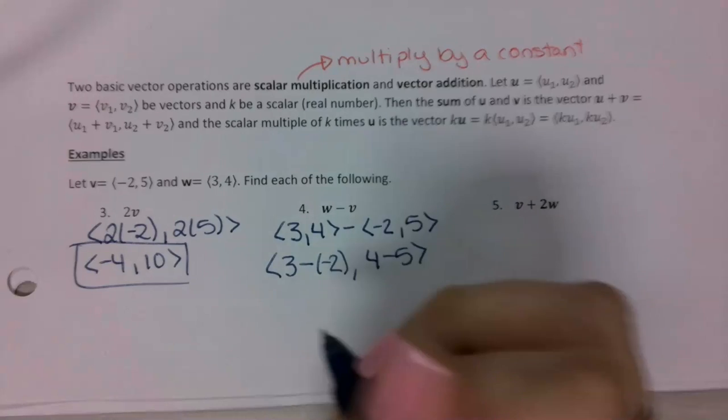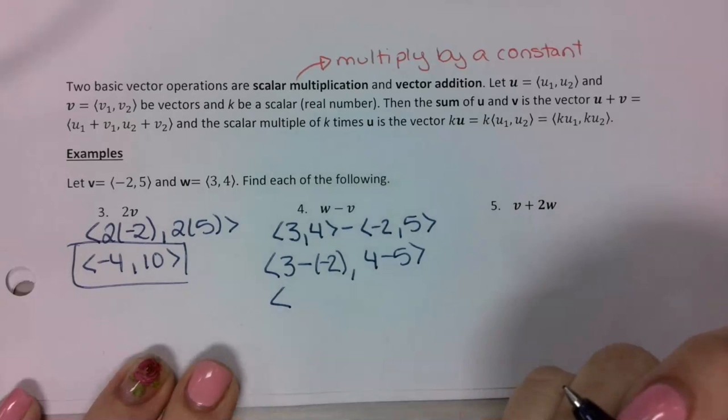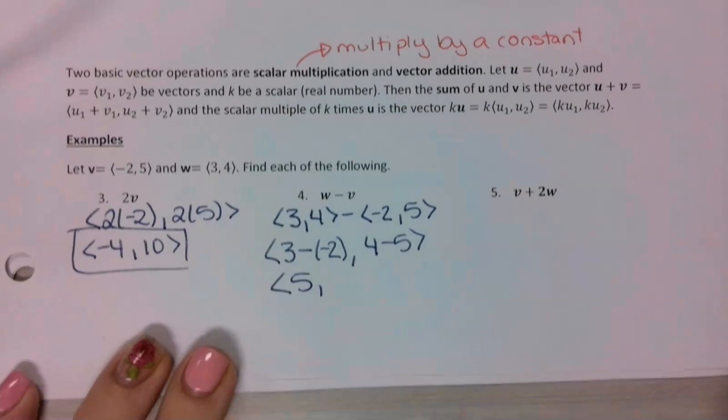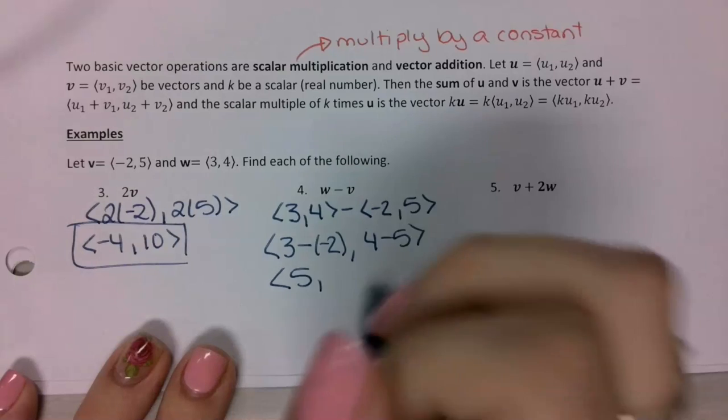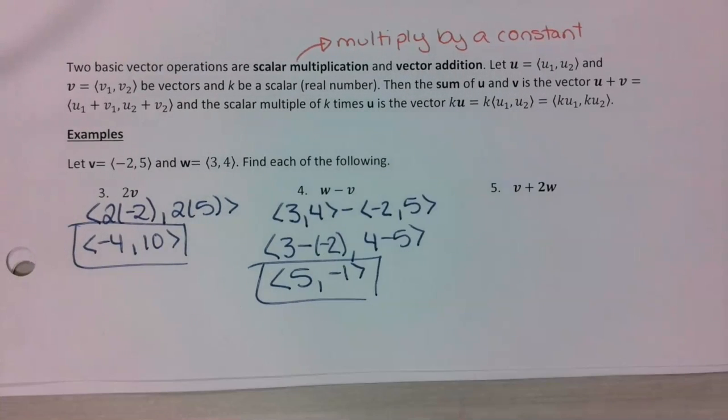So what do I get for my x value? 5. I thought I heard someone say 10. I was like, what? 4 minus 5? And that's my vector.